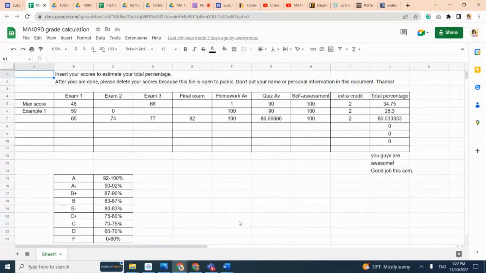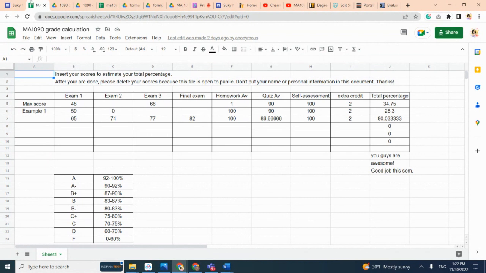Then you can see how many points you need on the final exam so you can pass the course, or get a B, or get an A. Okay. All right. Yeah. So after you finish calculating, you can delete your score. So other people won't see your score. So even though, we don't know your name, so yeah.